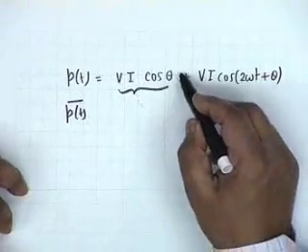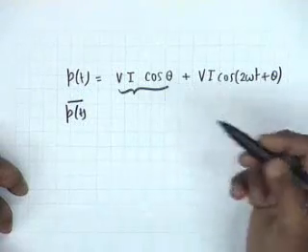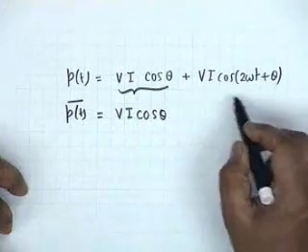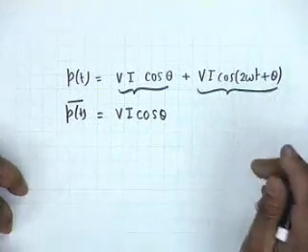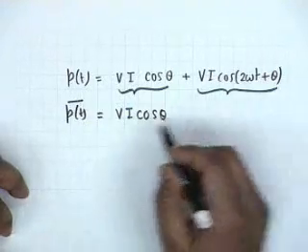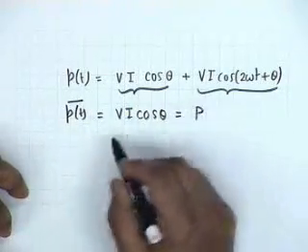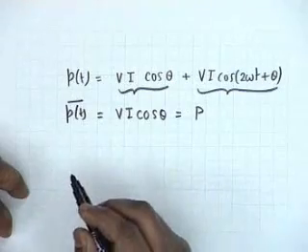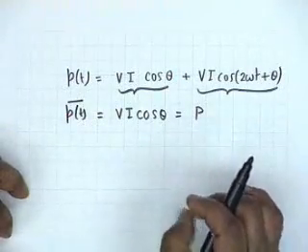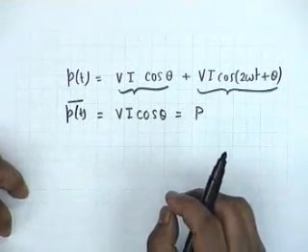You are simply multiplying this by capital T and dividing by capital T. So this would be V I cosine theta. On the other hand, the average value of a cosine over one period is equal to 0, and therefore the average value of small p is simply V I cosine theta, and this represents the power dissipated in the circuit.